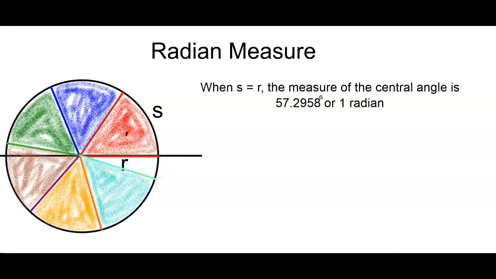Well, if we take the number of degrees in half of our circle, 180 degrees, and we divide that by the number of degrees in a radian, that'll tell us how many radians are in half a circle.